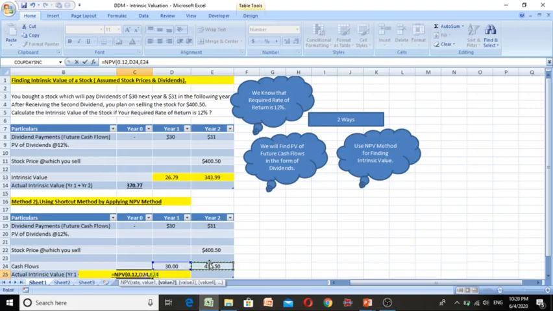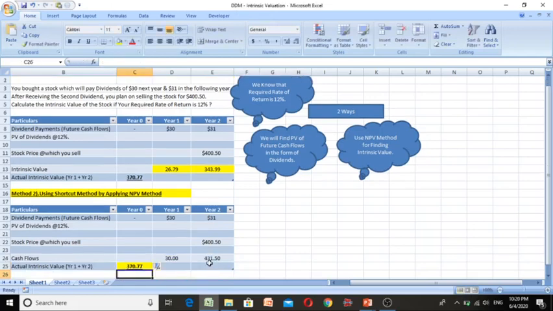So I press E24 over here, close the brackets, press enter. Alright, so if you are observing on the screen, we are getting the same answer as $370.77. So what we did is we used the shortcut method for finding the intrinsic value by using the NPV formula. The answers in both the cases are going to be the same. Okay, my dear friends? Fine.